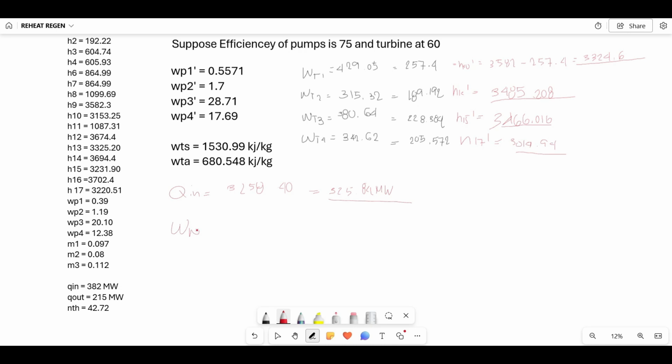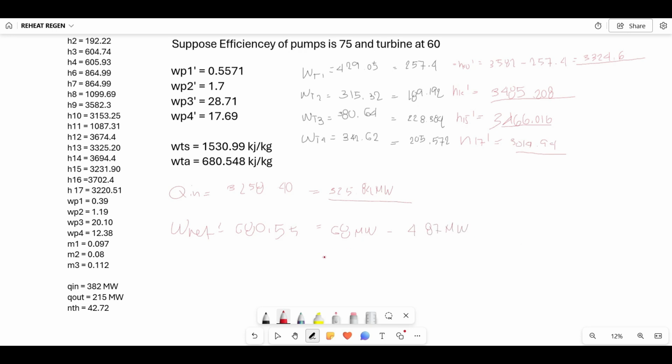Therefore, work net is equal to the actual turbine work, which is 680.55 times 100, yielding a really small amount of 68 megawatts, minus the total of this: 0.5571 plus 1.7 plus 28.71 plus 17.69 times 100, which yields 4.87 megawatts.